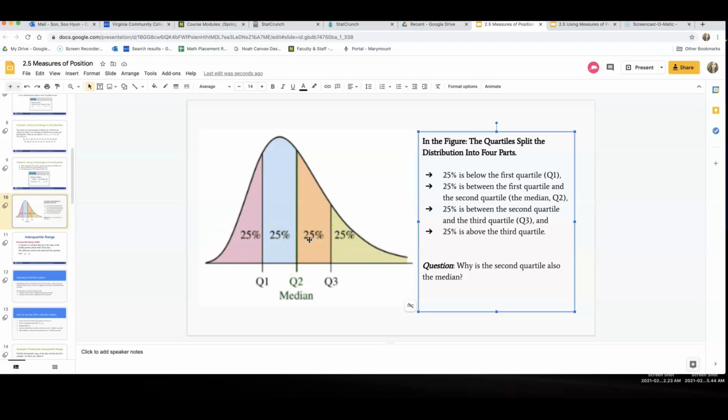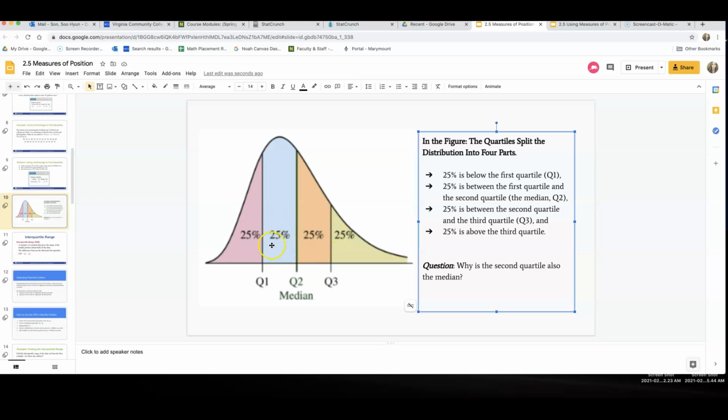Okay, but I want to use this picture to talk about interquartile range. The new thing that we will see in the next slide is called interquartile range, or IQR, and that is about the middle 50%. Again, the middle 50%. So the blue and the orange added together. Okay, that is the interquartile range.